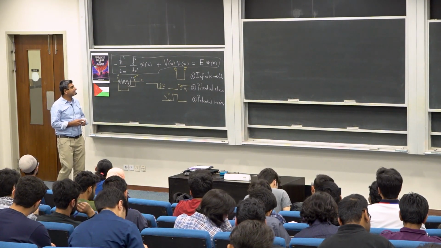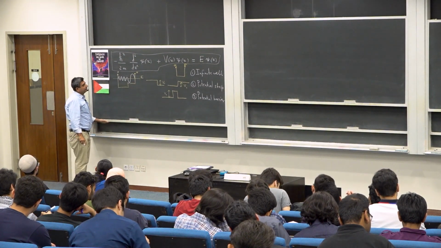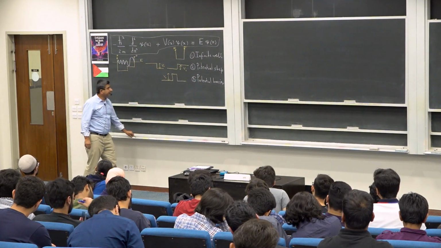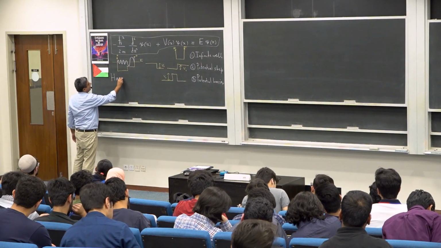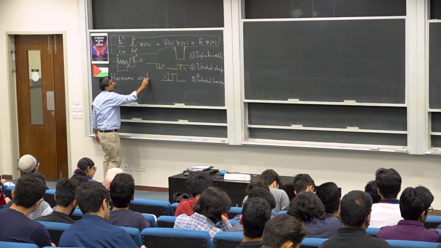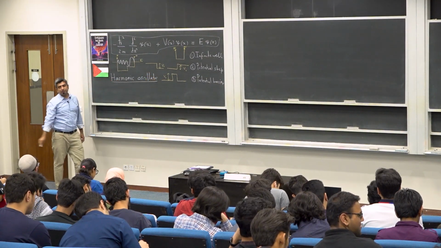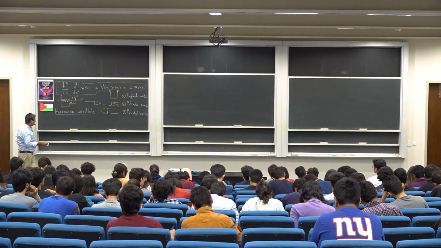Now another example of a wave function which is very useful is the idea of the harmonic oscillator. Now suppose I have, let's look a little bit at classical physics.